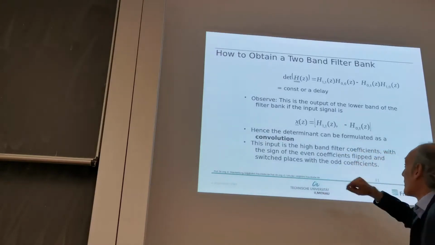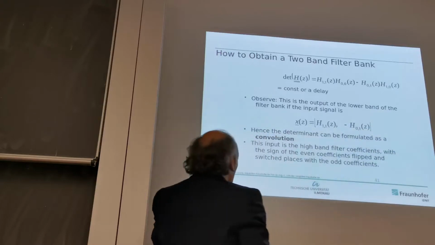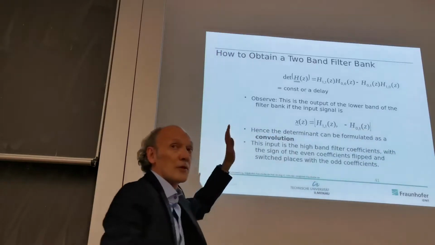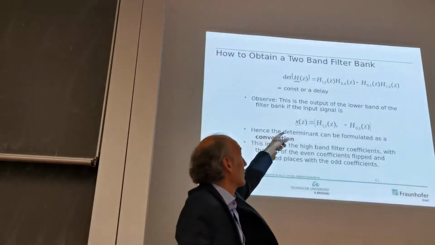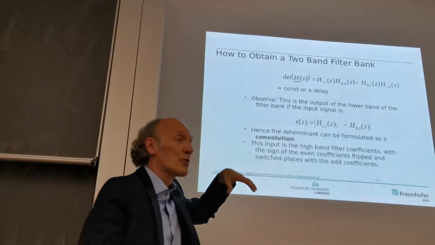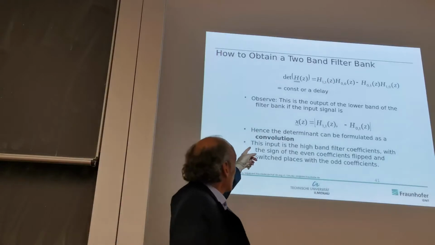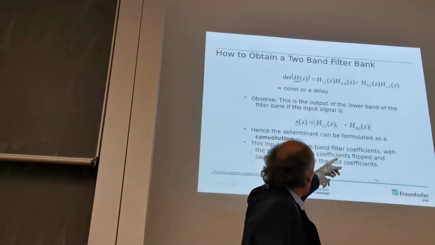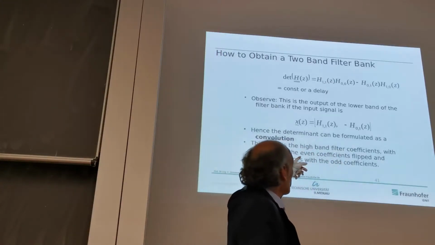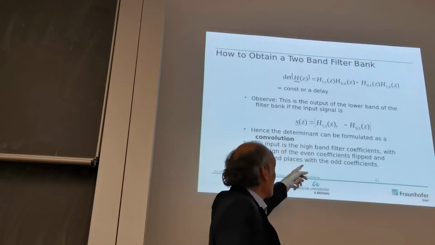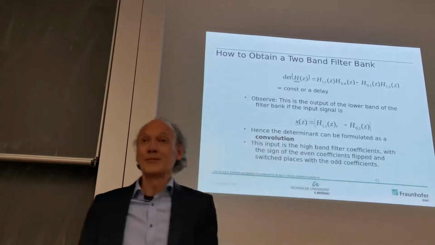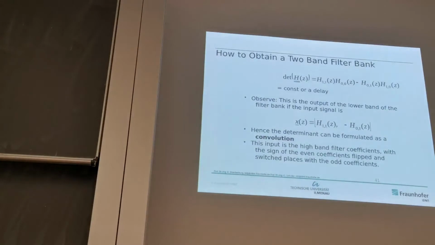And hence the determinant can now be formulated as a convolution. Right? It's the input. So if this is the input, give it into this filter bank, then the output gives you the determinant. So when we look at it, the input is the high band coefficients with the sign of the even coefficient flipped and switched places with the odd coefficients. So maybe that gives us a solution.